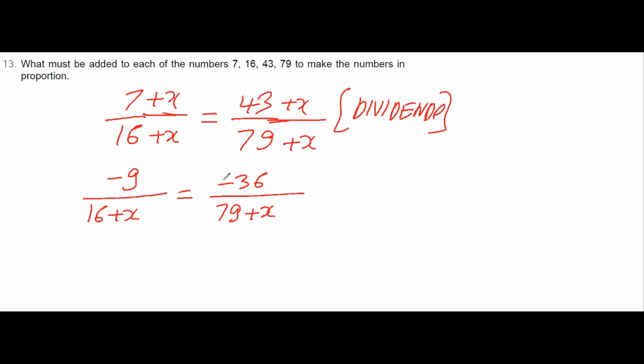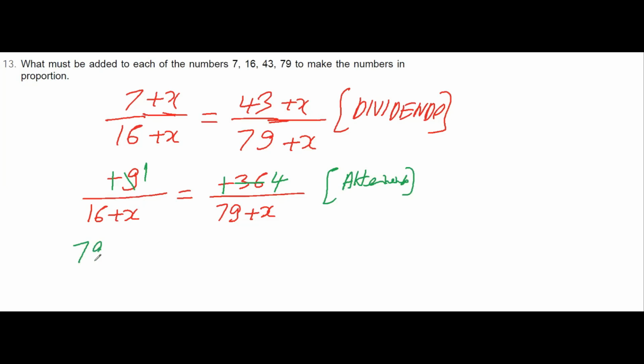Now here this minus into minus I will cancel. 9 ones are 9, 9 fours are 36. Then I will do alternando, or else no need for alternando also. Directly we can cross multiply because we have already simplified a lot.